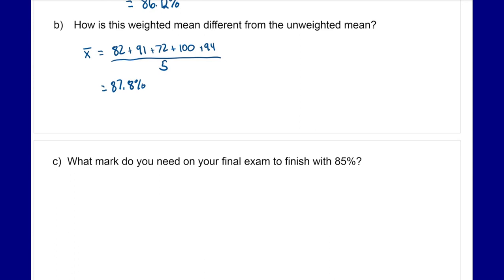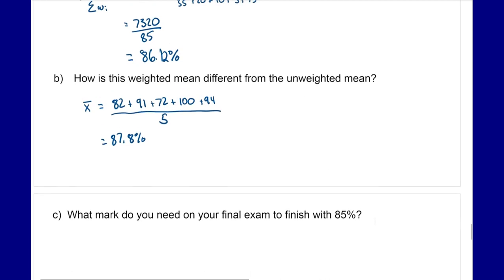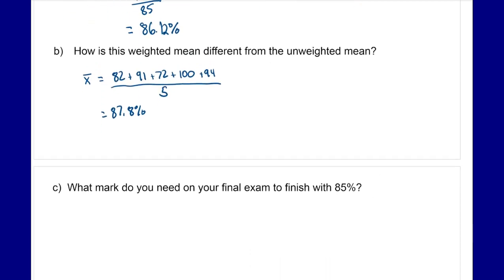So lastly, we're now asking: what mark do you need on your final exam to finish with 85%? Well, we want 85% to be our average, our x bar. So if we were to do everything that we just did, our x bar would equal the sum of each data point times the weight divided by the sum of weights.